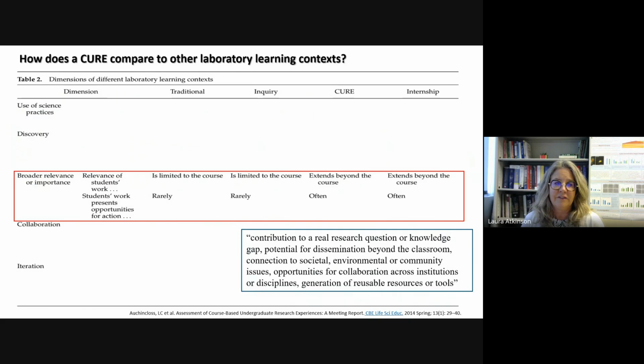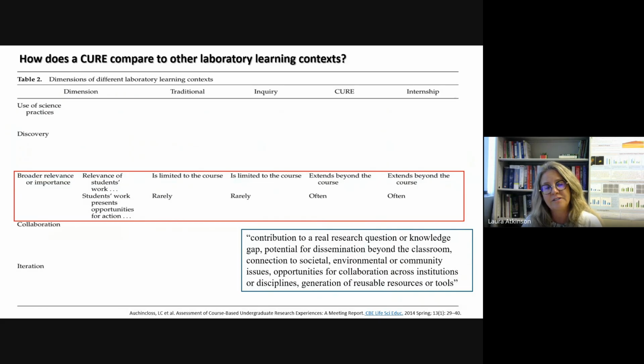If we think about the broader relevance of students' work, in traditional and inquiry-based learning, it's usually limited to the course. It's an example of some scientific concept, and it rarely presents opportunities for action or communication broadly.